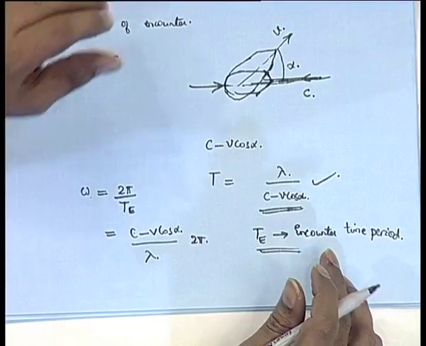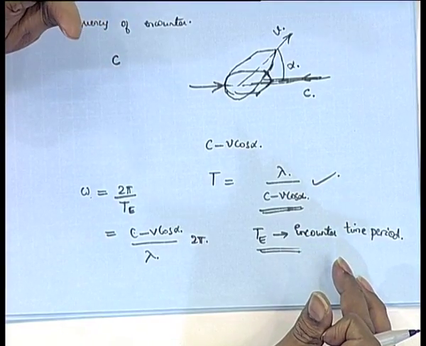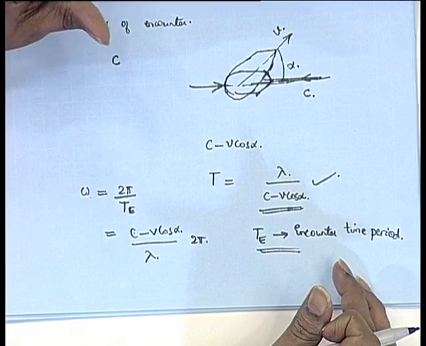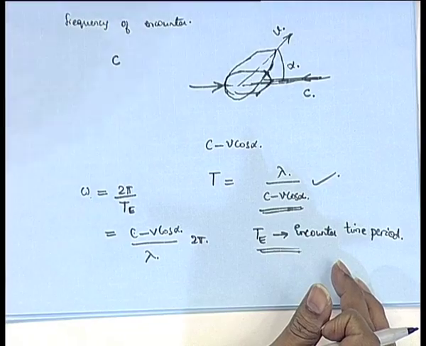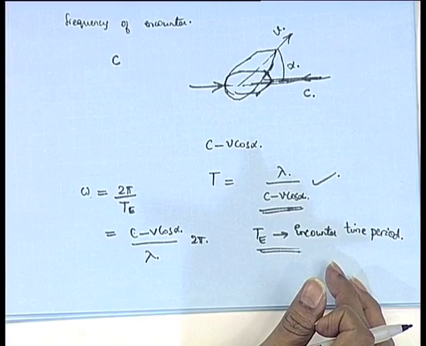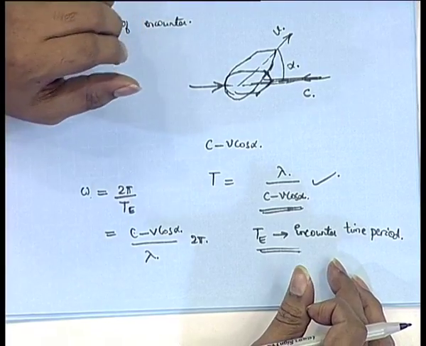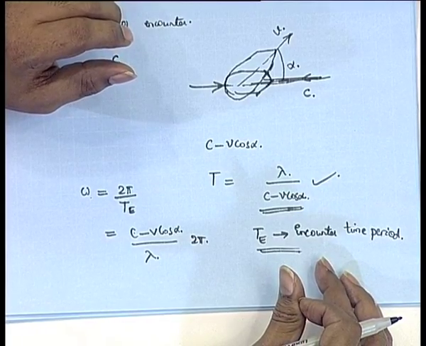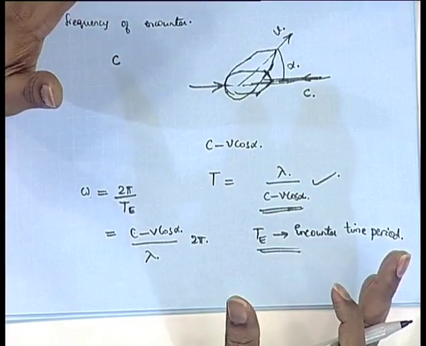Now we can always get a relation between the frequency of the wave itself and the encounter frequency. You know that the frequency of a wave can in general be written as c by lambda.